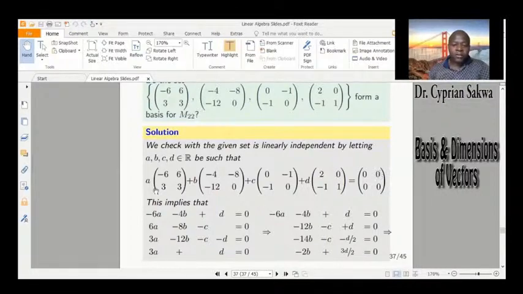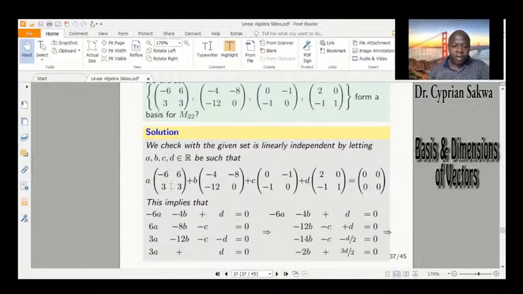Do that for this element, the element in the second row, first column. This element times A, this element times B, this negative 1 times C, this negative 1 times D. Add those results and equal to 0.